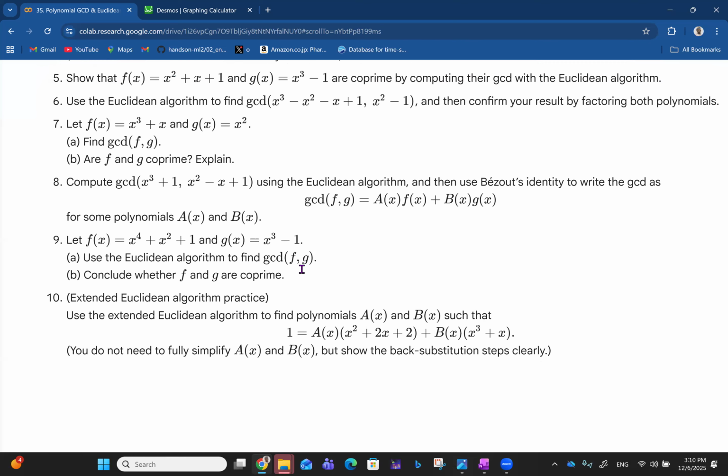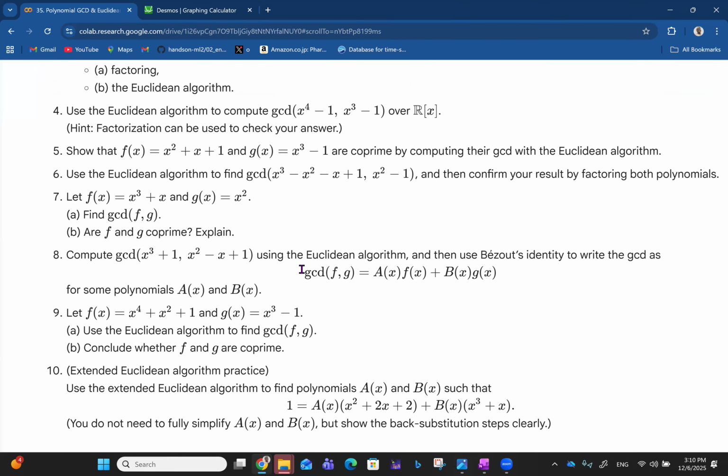Of course, the other two problems, you can now see them, 9 and 10. So let me quickly go for that one and get over with it. First compute the GCD of this and then use Bézout's identity. So let's go.